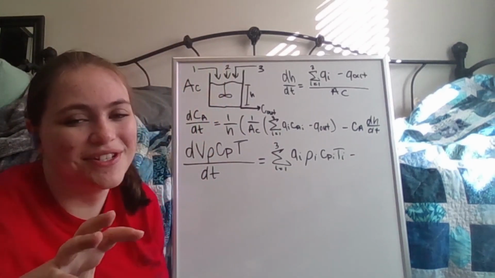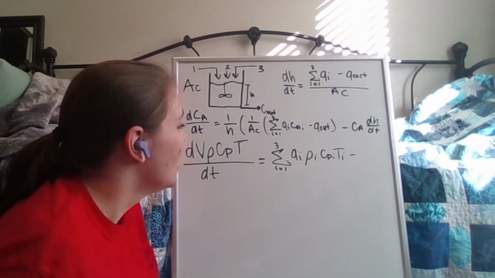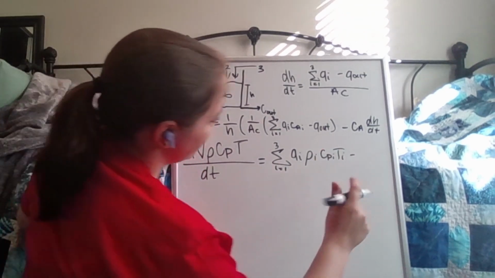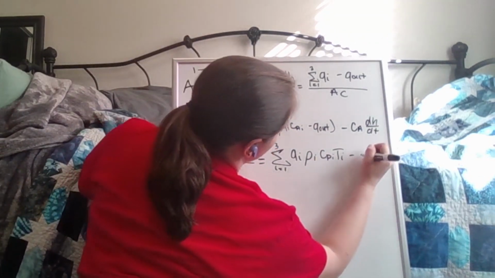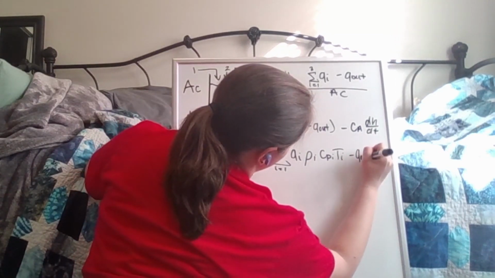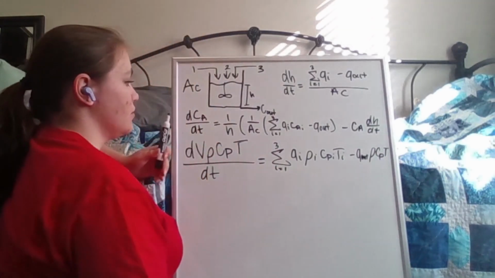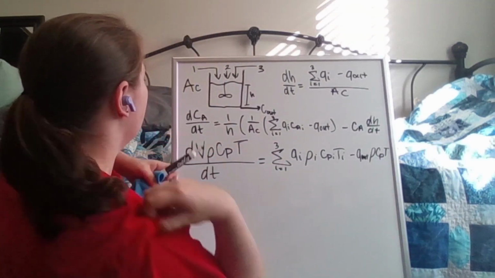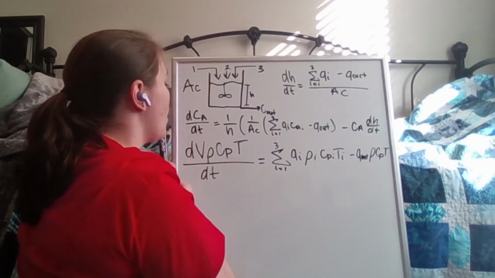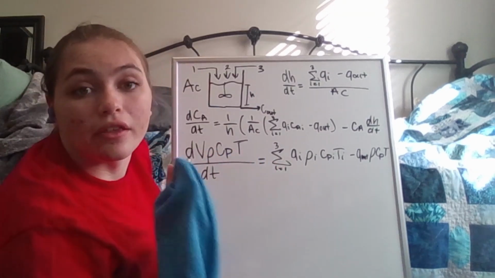You're going to struggle to see everything, but basically it'll be that minus the same thing for just Q_out: density, C_p, T. I know that's messy, but we're assuming our specific heat and density are the same for all flows.